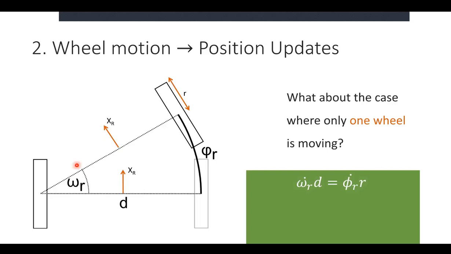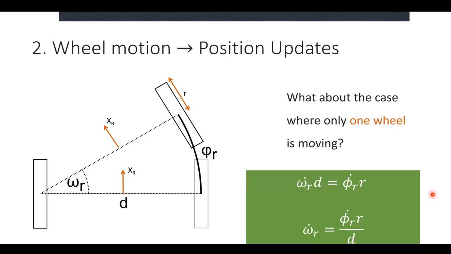The angle multiplied by the radius is going to be the same thing as the arc length, which I already have from a different calculation. And so I can just solve for omega r by dividing the robot diameter over to the other side. So now I know how much the right side of my robot has rotated with respect to the left side.